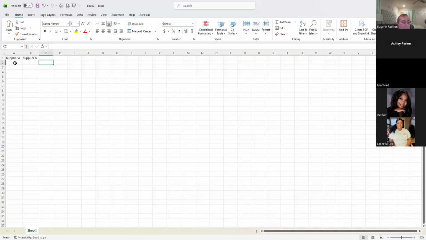And y'all, I labeled this column. I'm going to put the supplier A bearing sizes. And then in the next column, I'm going to put the supplier B sizes.